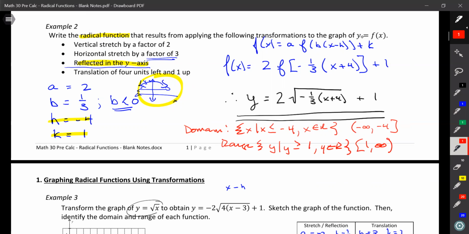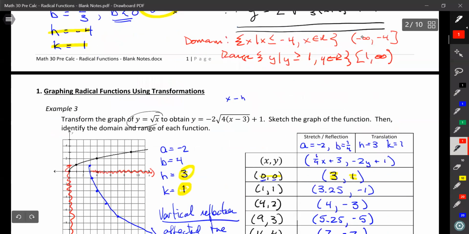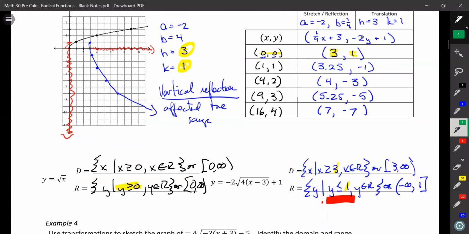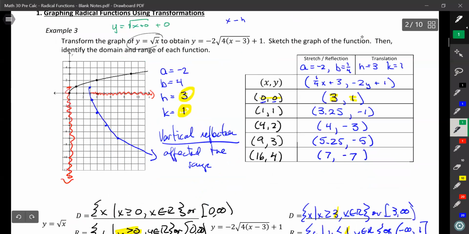So we can get our domain and range from our h and k values. If you notice, the base one would be written y equals square root of x plus 0 plus 0. H and k are 0, 0. And we have 0, 0 down there. So that's where those come from.